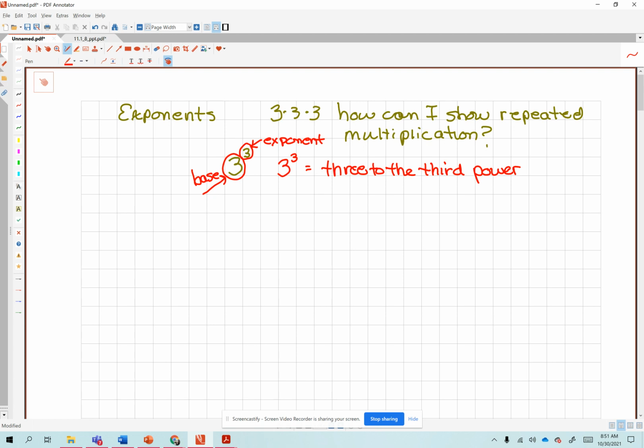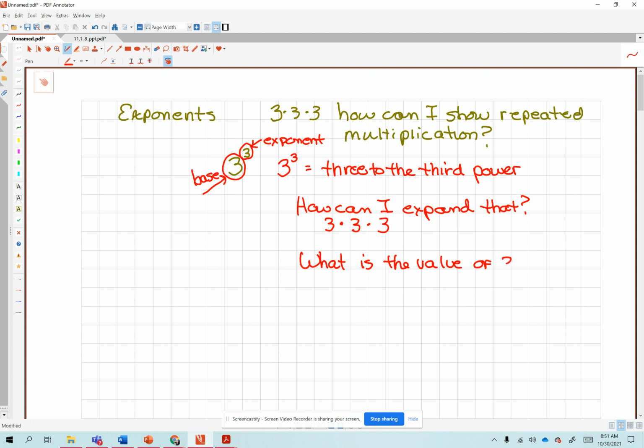Okay? How can I expand that? And the way I can expand that is I can write 3 times 3 times 3. Now, let's ask another question. What is the value of 3 to the third power?